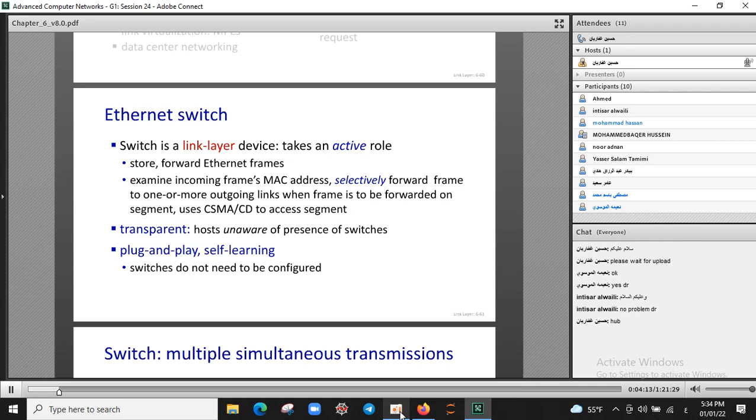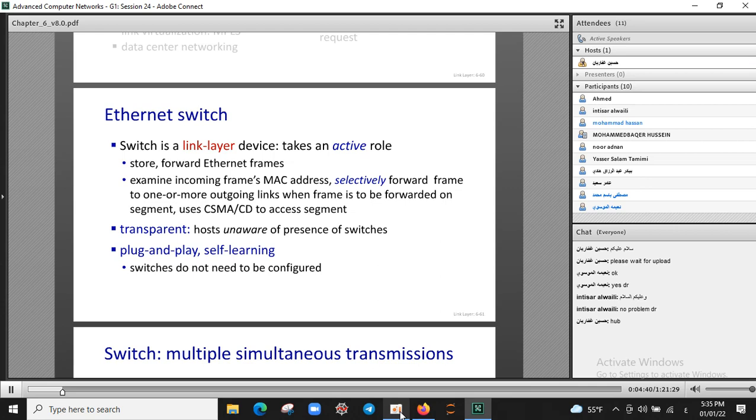It's dominant in wired LANs. When we talk about Wi-Fi, Wi-Fi is a wireless copy of Ethernet. In wired networks, for LAN, we are using Ethernet. In wireless, we are using a wireless copy of Ethernet, which we call Wi-Fi.